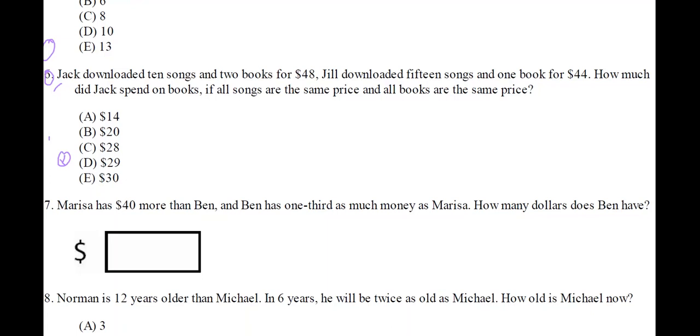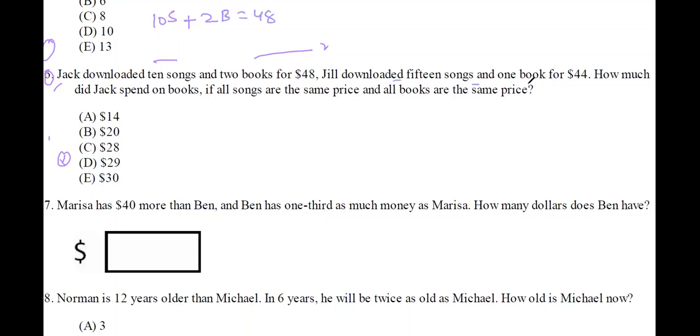Okay, let's start. The first one. Jack downloaded 10 songs and 2 books for this, right? So whatever the cost is, 10 songs and 2 books, I would be forming a simultaneous equation, and this is equivalent to 48.